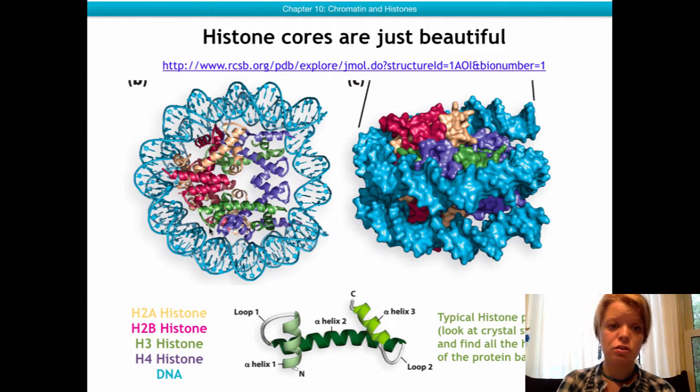You can see that H3, that histone right there, this is the long helix, here's the short part, and here's the short part. And there's this loop right here that's turned specifically towards the DNA helix.